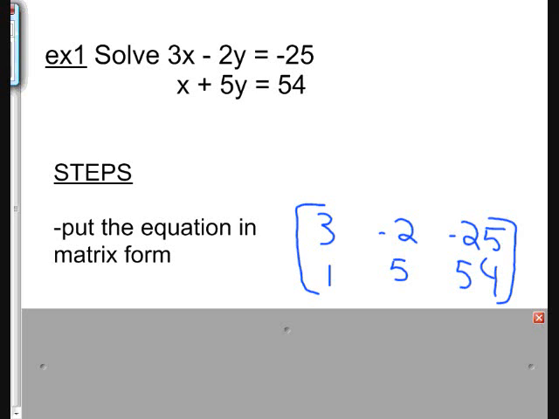And now to make it an augmented matrix, so we know where the equal sign is, you just draw a dotted line right here. All we have to do is put that as a matrix.